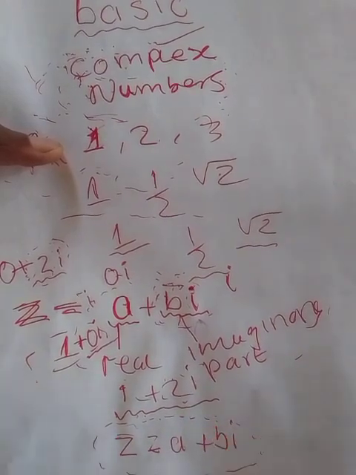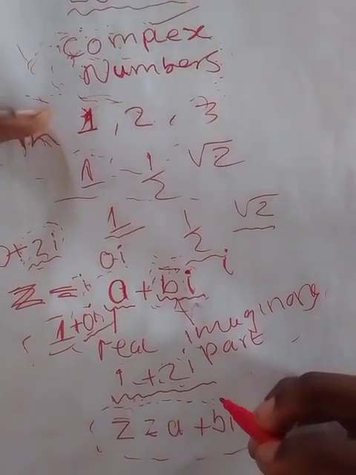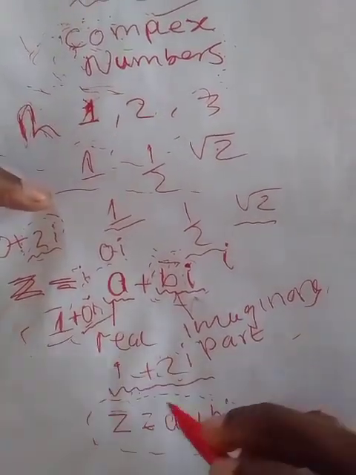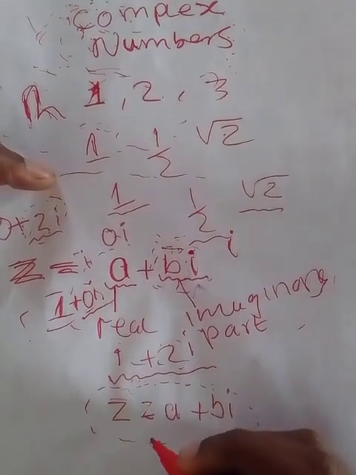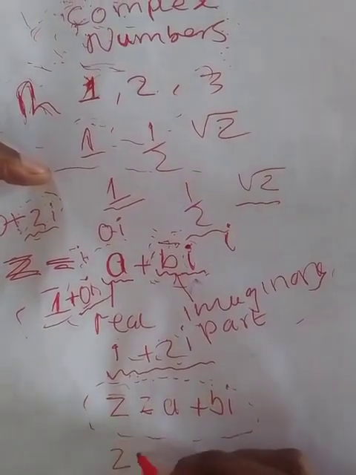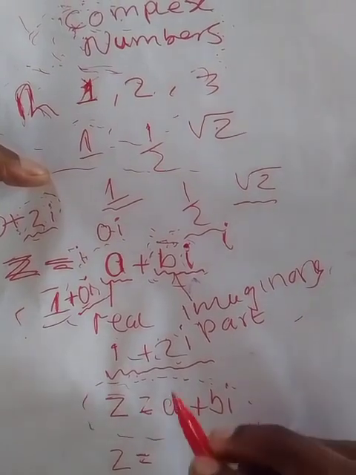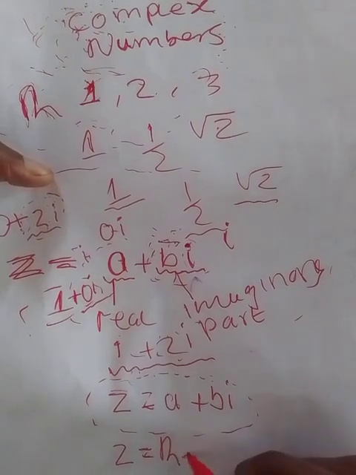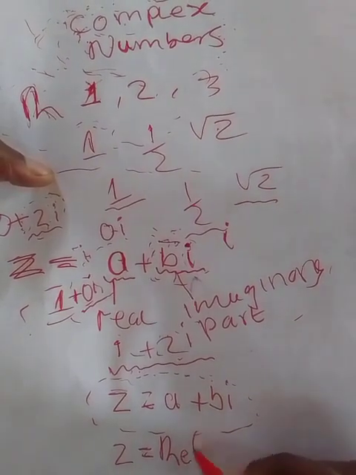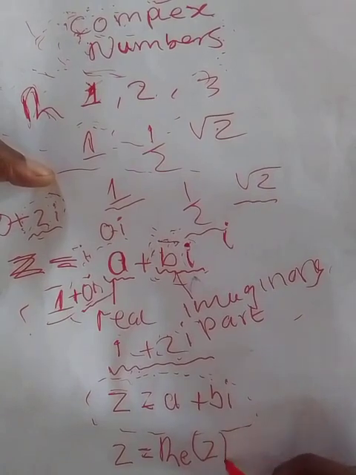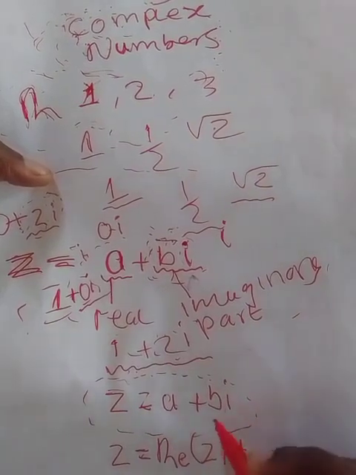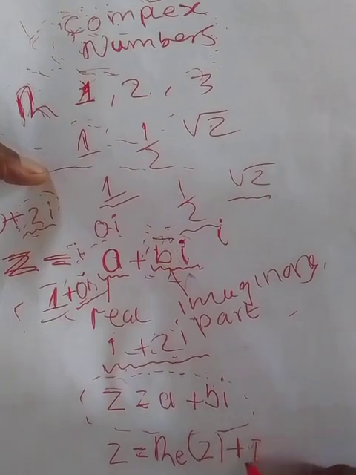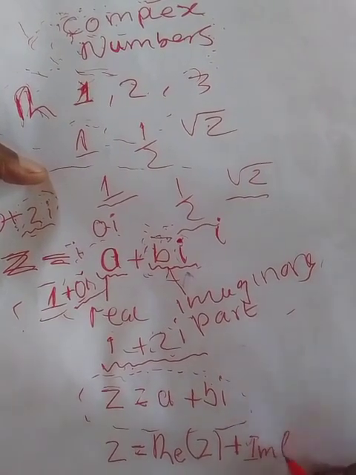Then there is another way of representing the complex numbers. You write the letter Z equal to, and since I said this is a real number, you write Re of Z, plus, for the imaginary part, you write capital I, M, and then inside you write.